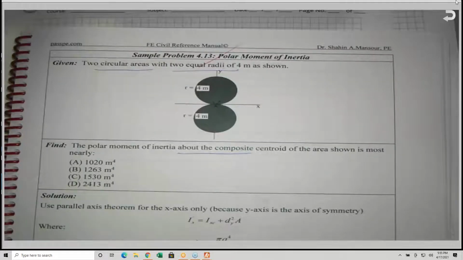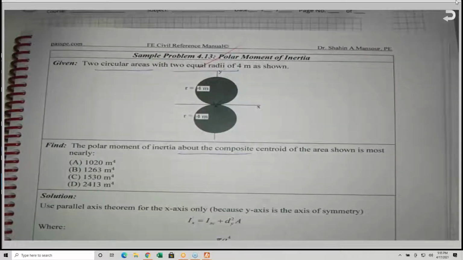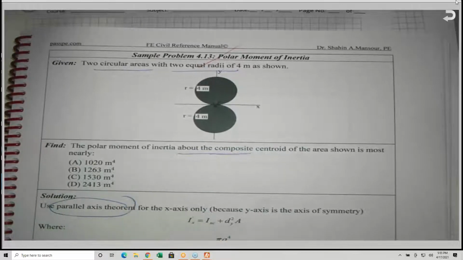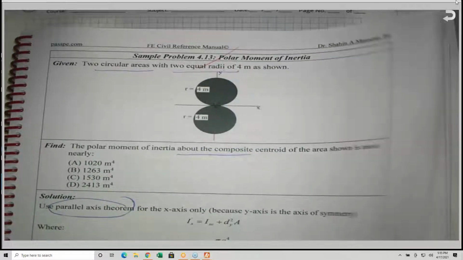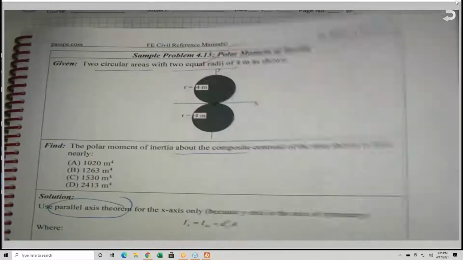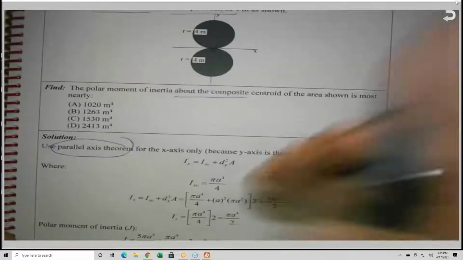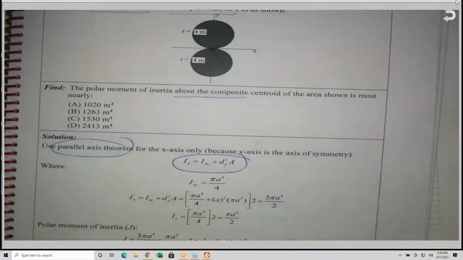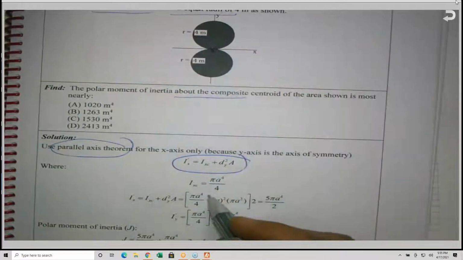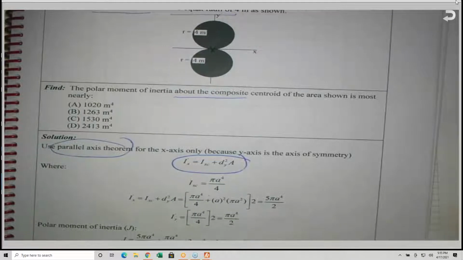We are going to see an equation called the Parallel Axis Theorem, which is very important. I believe I do have it, yeah, it's coming. So the Parallel Axis Theorem is given by this equation. So I can use the Parallel Axis Theorem in order to get the polar moment of inertia.